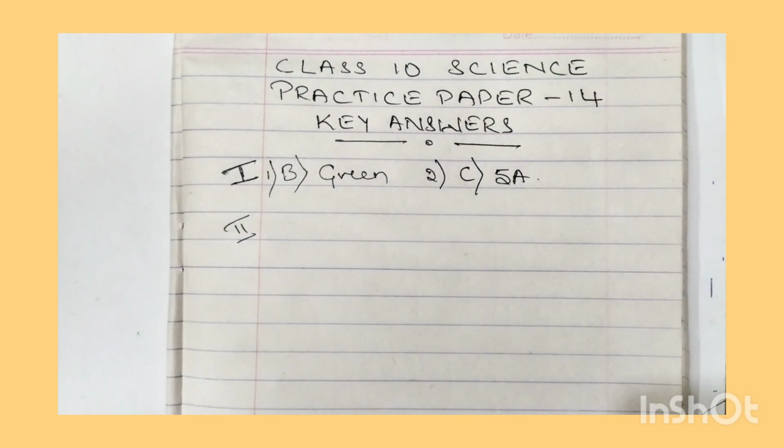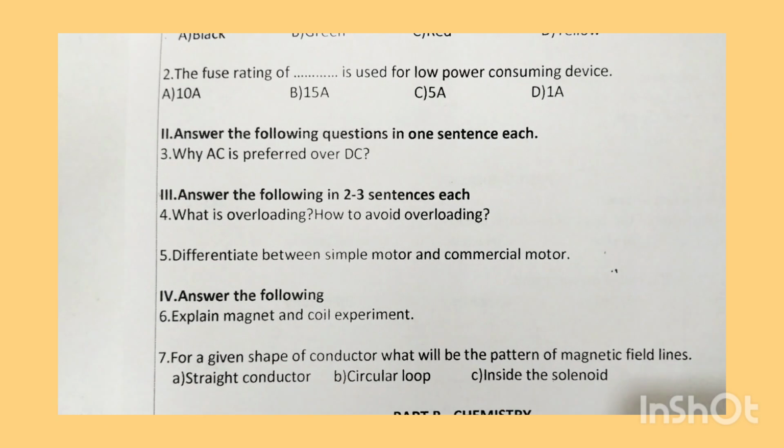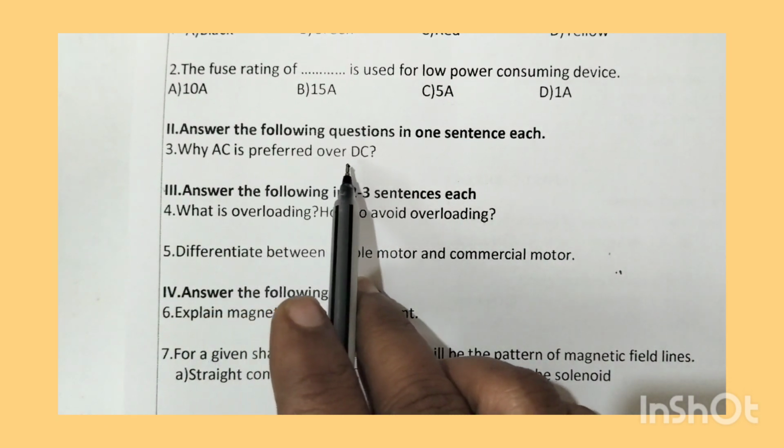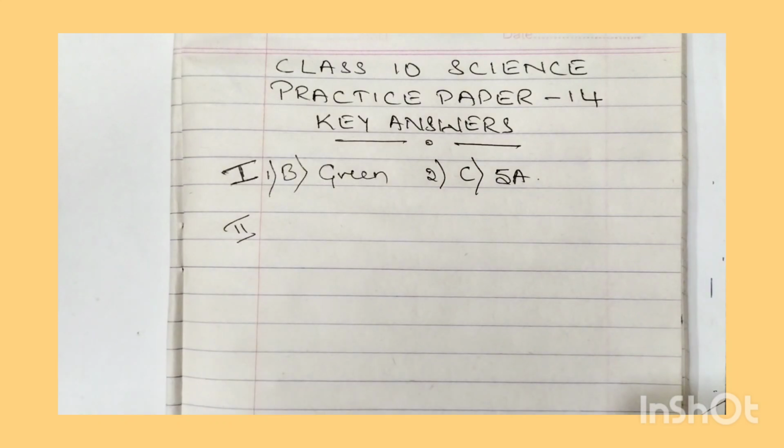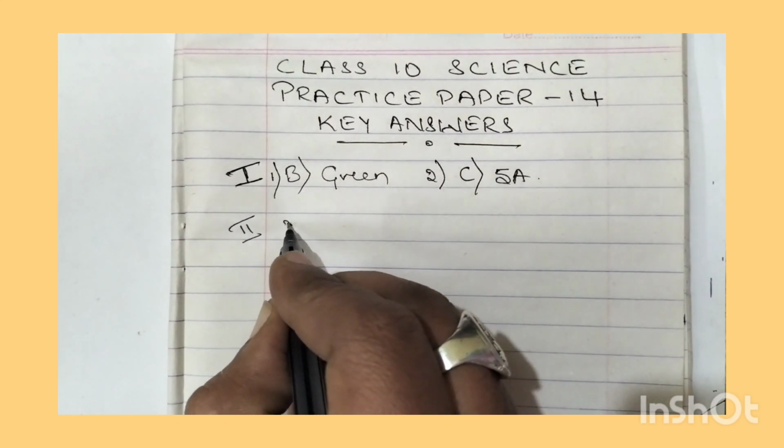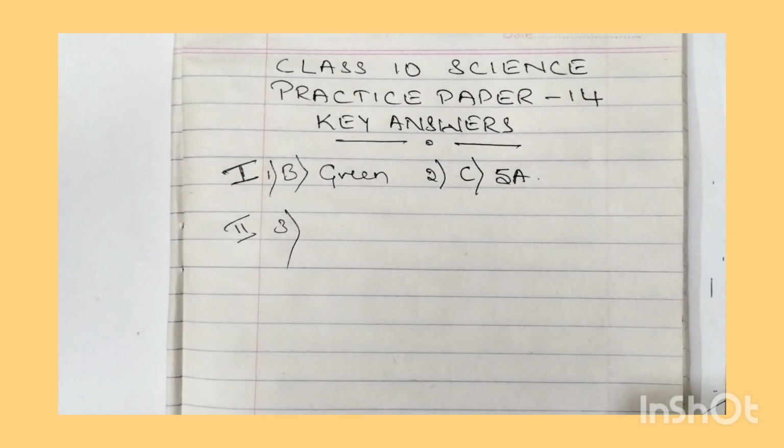So now let us move to the next question. Why is AC preferred over DC? Why do we have to use AC over DC? Let us answer this third question.